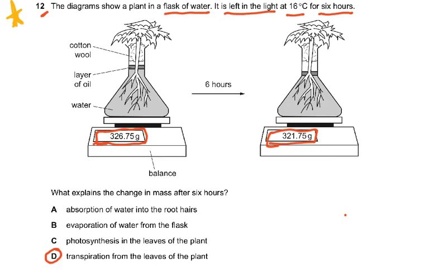You see, the water vapor first had to evaporate, and then the water vapor had to diffuse out of the plant. Now that would result in a decrease in mass. So what explains the change in mass after 6 hours? That's what the question asks: change in mass after 6 hours.